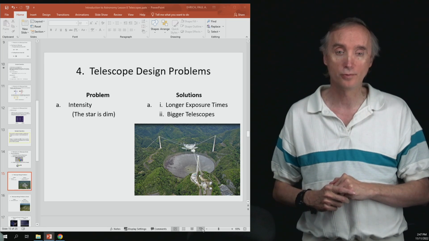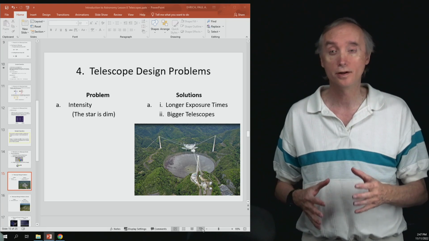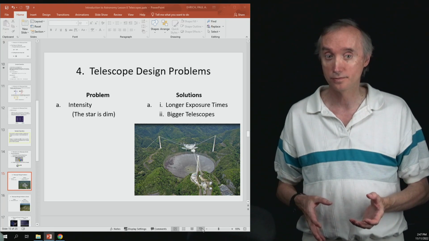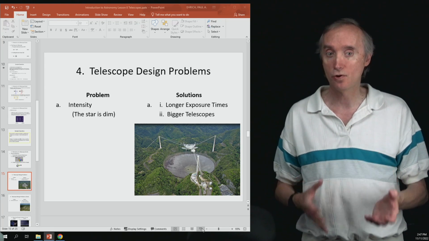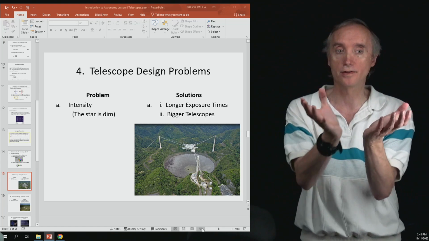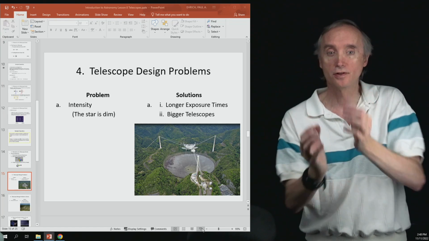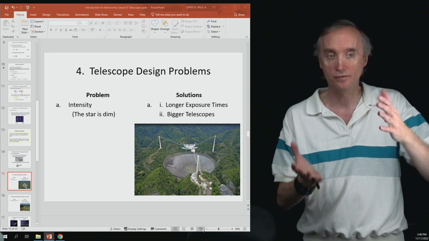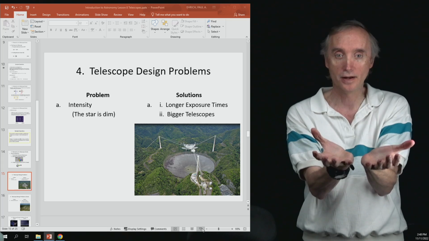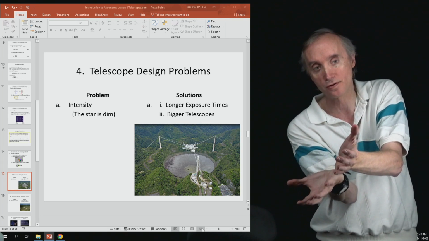So if you look at that one, the size of that telescope, I think, is about 100 meters across. And so that is so big that you can't build any kind of an apparatus that would be able to turn the telescope. So the telescope is basically fixed in place, but as the Earth is rotating, you see that the telescope is turning.